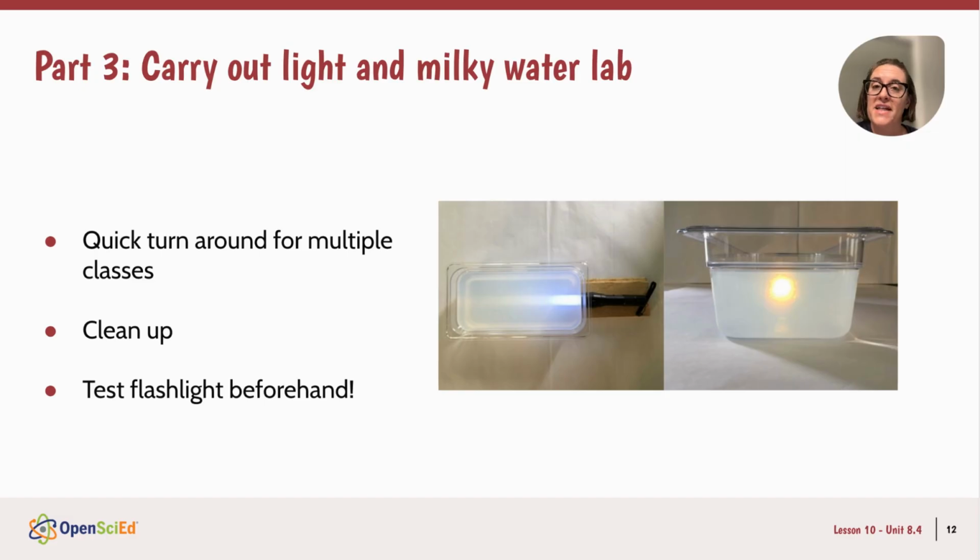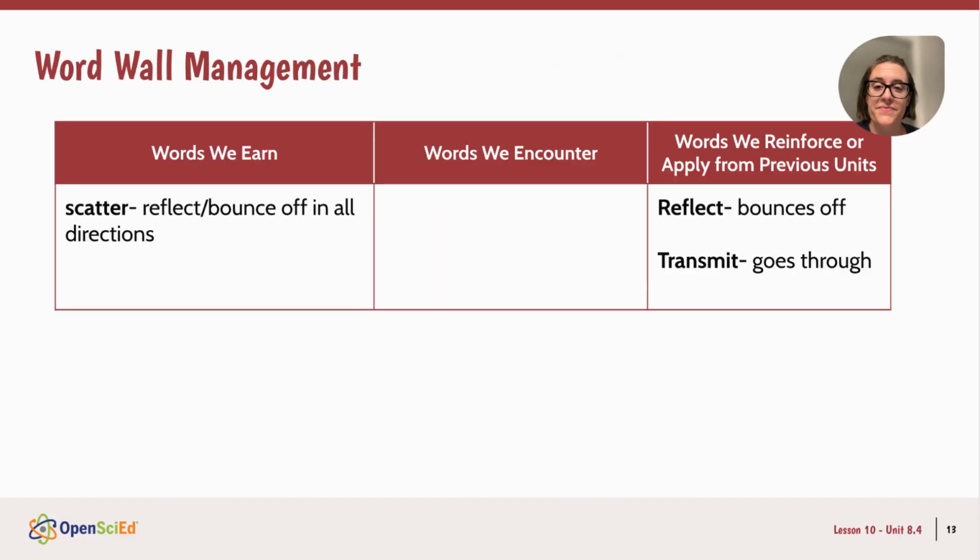Definitely test out your flashlights beforehand. Different lights shift a little bit differently than others, and you want to be sure you know what color your students are most likely seeing when they look through each side of the tub with the milk powder in it.